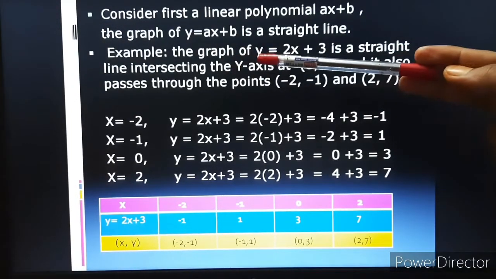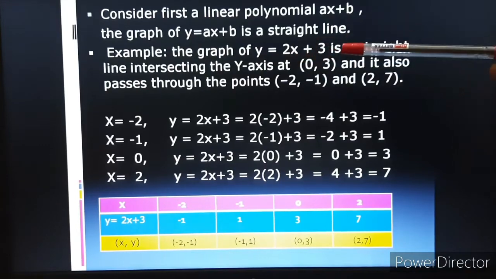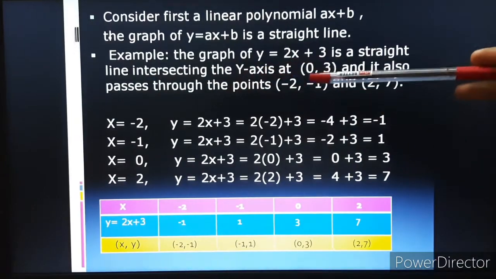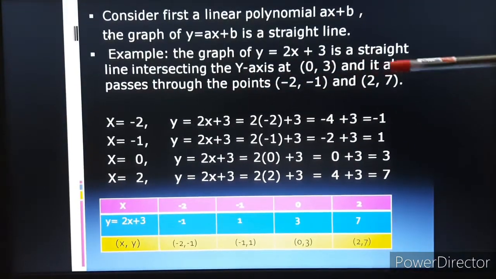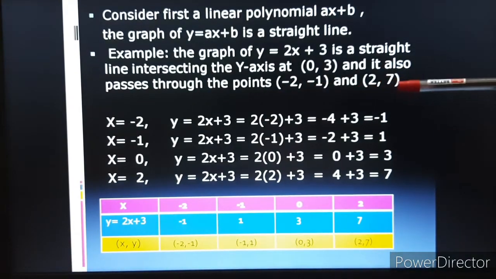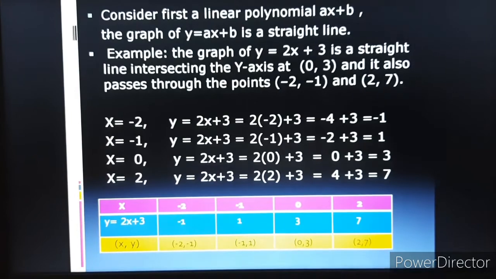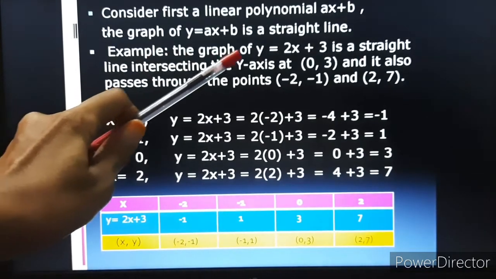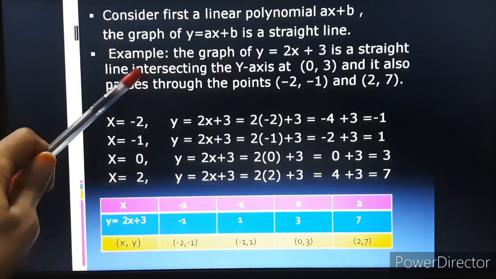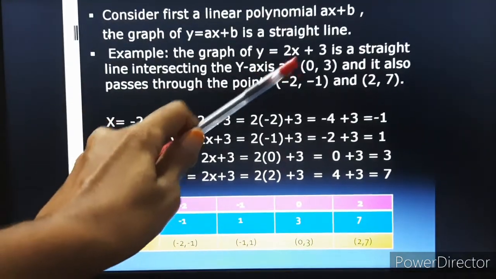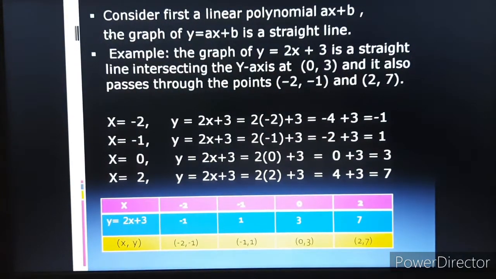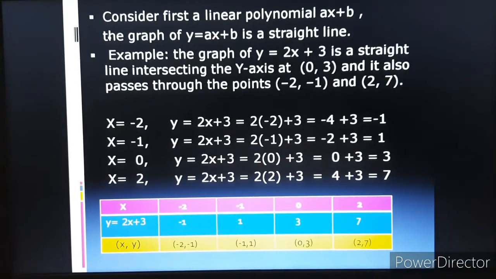See, the graph of y equals 2x plus 3 is a straight line intersecting the y-axis at (0, 3), and it also passes through the points (-2, -1) and (2, 7).